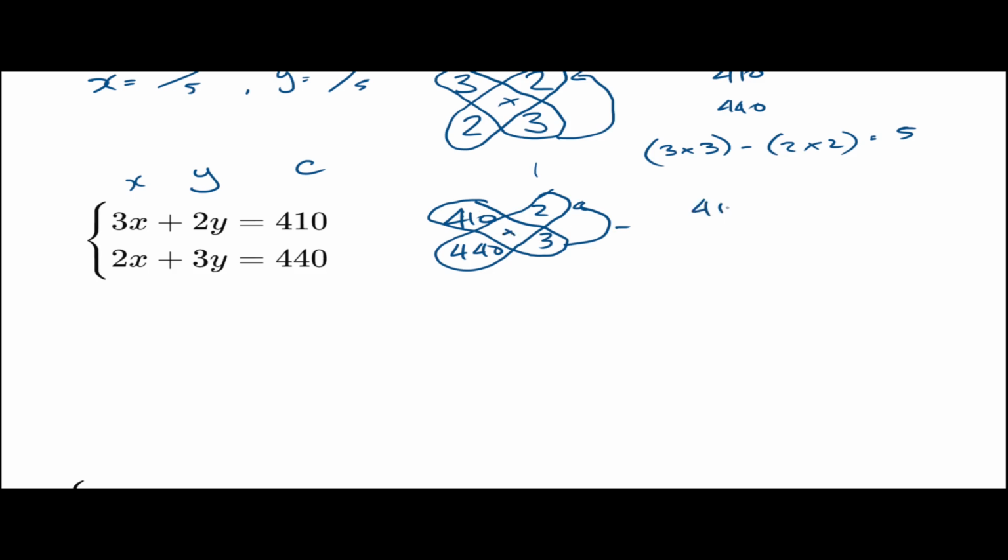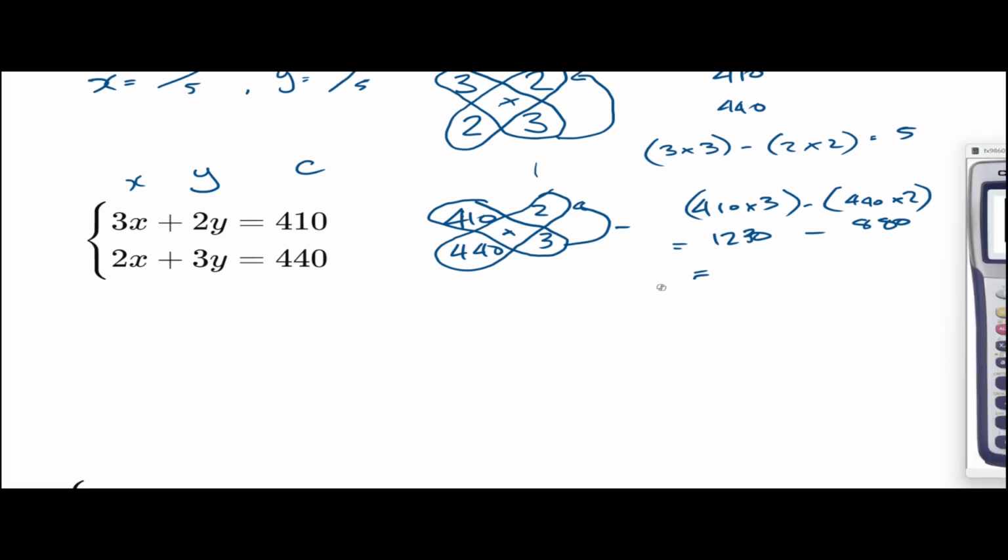Okay, 410 times 3 minus 440 times 2, so that's going to be what, 1230 minus 880. Let's grab the calculator.